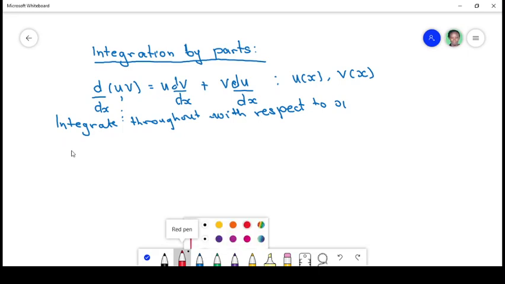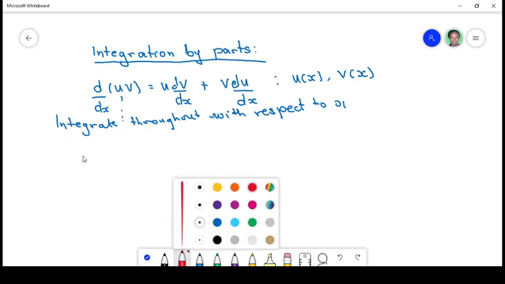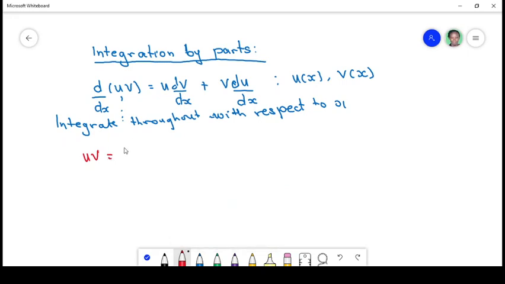What happens? If I integrate, this is going to give us uv equal to the integral of u dv over dx plus the integral of v du over dx, dx.